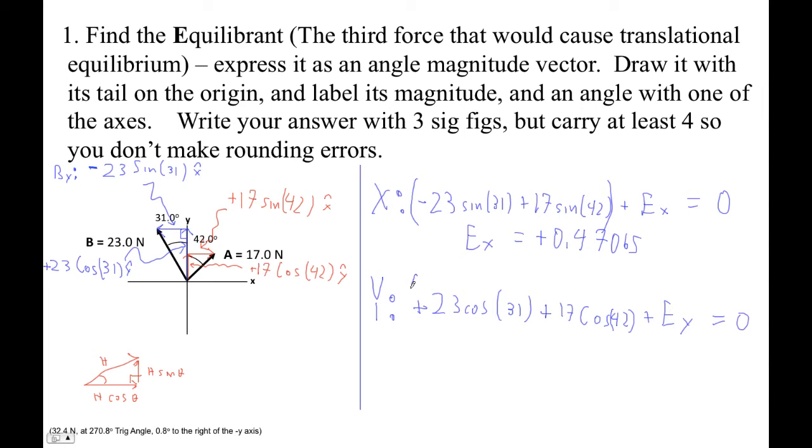So basically what I do is everything that's not EY, I just do that and negate it. So opposite of left parenthesis, 23 cos 31 plus 17 cos 42. And I get negative 32.3. I'm going to store that in y just for kicks.